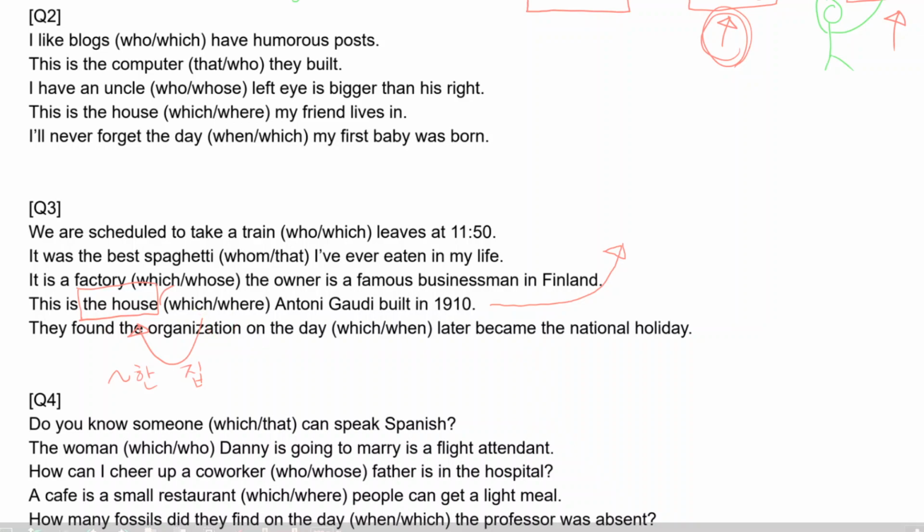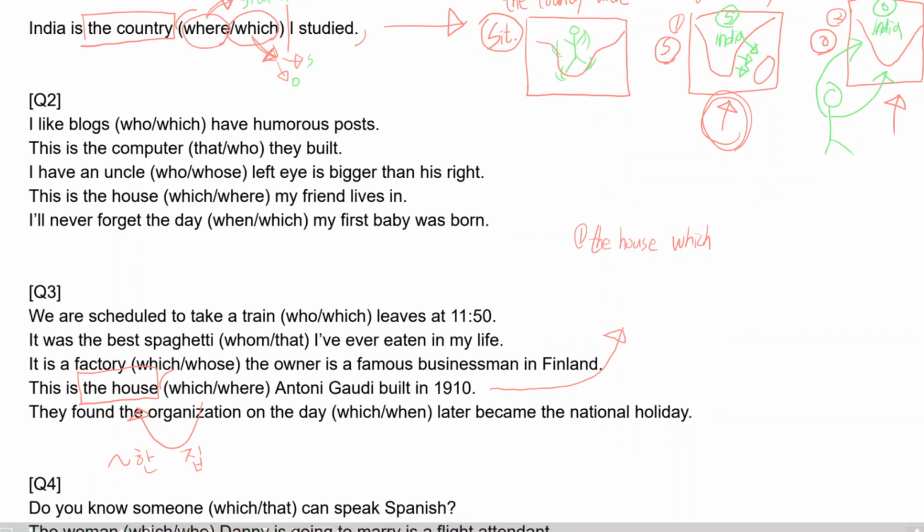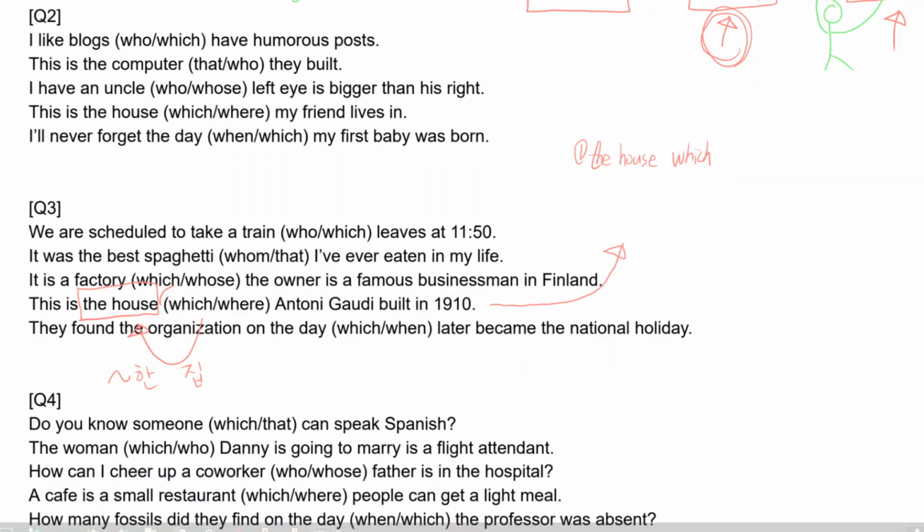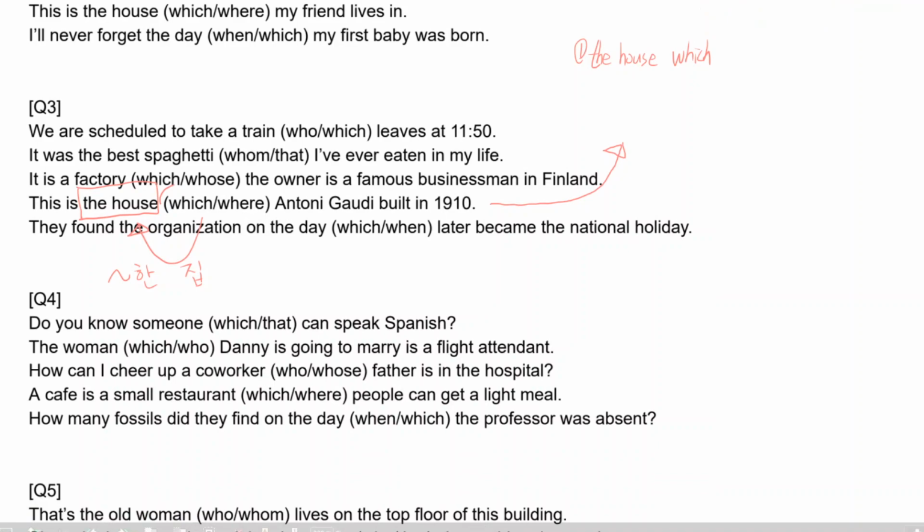In this case, let's say "the house, which" first. Okay, let's do the same thing we did up here, right? So if you were to picture "the house which" in your mind, what would the picture be? "The house which blah blah blah." So which could go either way.